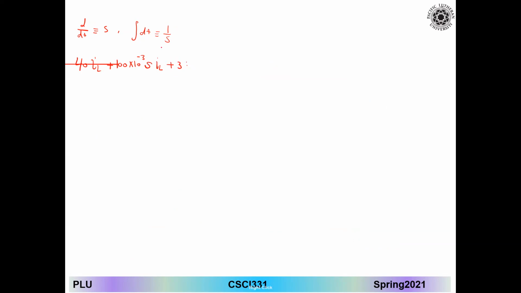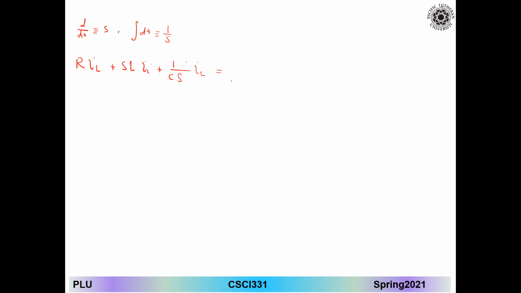So let's write it in a different way. Let's keep the numerical values for the last part. So here's the R IL plus SL times IL plus 1 over C times S, in this case of the integral, times IL.